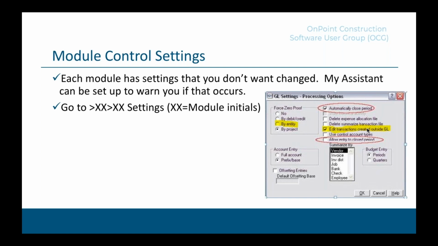And whenever you use change entries in GL, you do not get an audit trail. It looks like it went there from the very beginning, so that can confuse anybody if they didn't know that it happened. Also, the force zero proof, we don't want it by project. We want it by entity. So these are some of the things that could mess up what you're trying to do in general ledger.